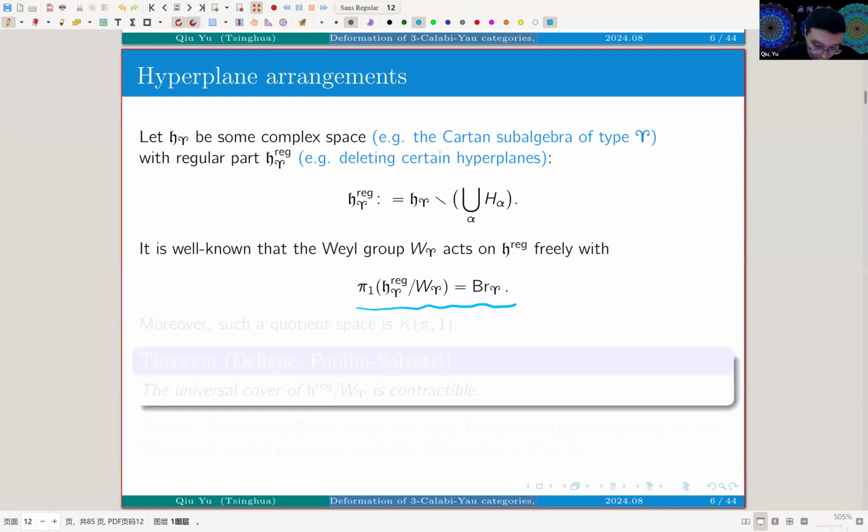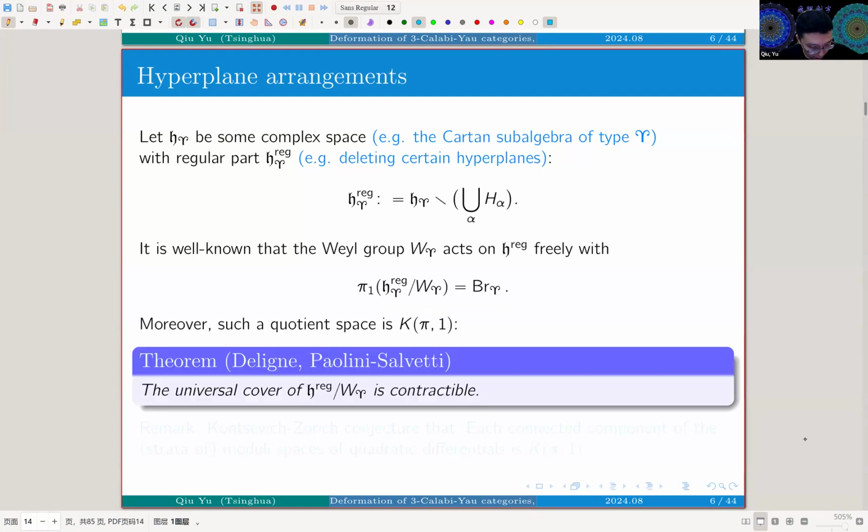So from this, you can also see that there's a surjective map from the braid group to the Weyl group. And moreover, this type of hyperplane arrangement complement is usually K(pi,1), in the sense that the universal cover of this space is contractible.